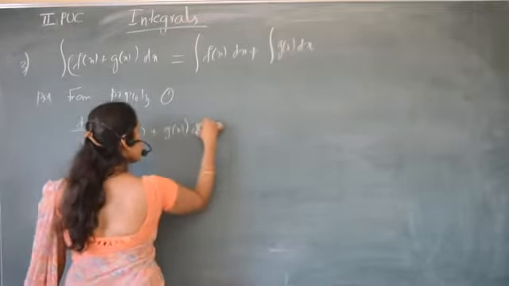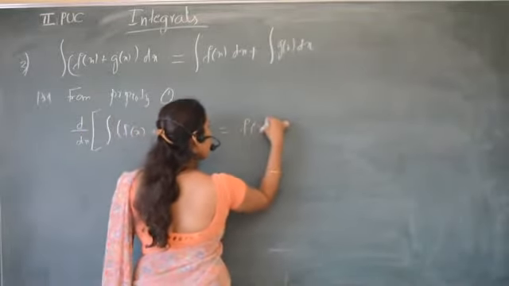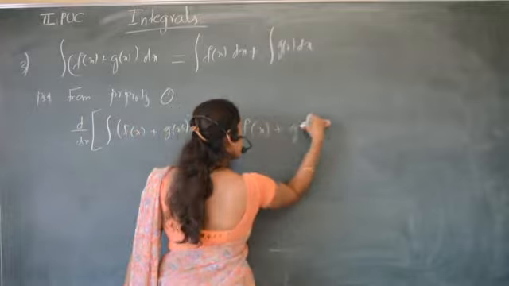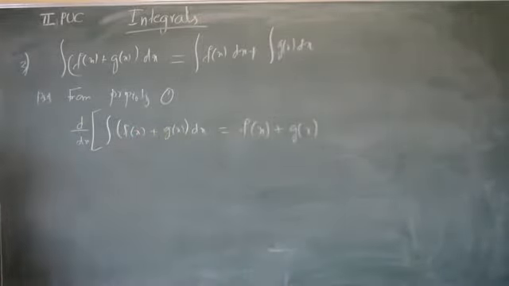Now the integrand will be f of x plus g of x. So the derivative and integral cancel and we get f of x plus g of x. The integral and derivative are inverse, so they can be cancelled.